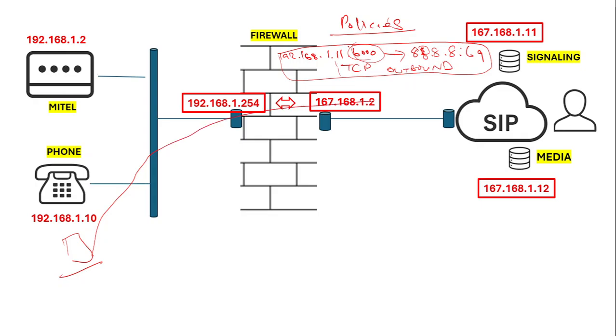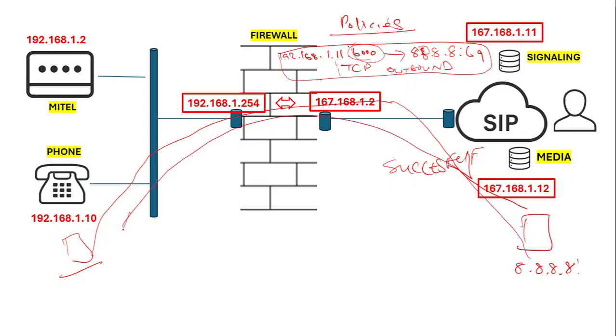It's going to be NATed, and it's going to go to, suppose this is 8.8.8.8. This is going to be successful. But then this 8.8.8.8 is going to return the answer.